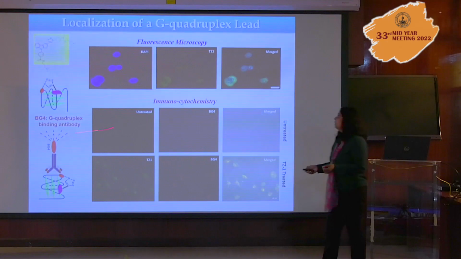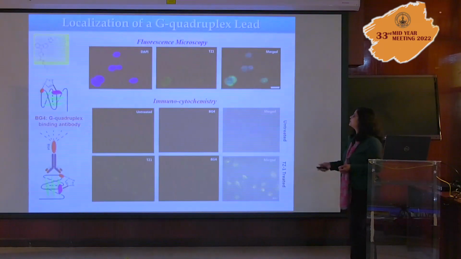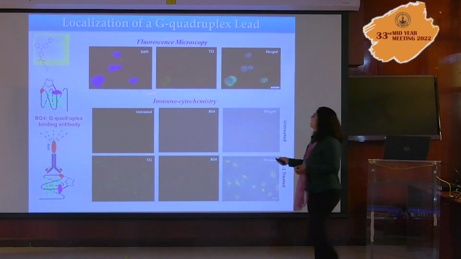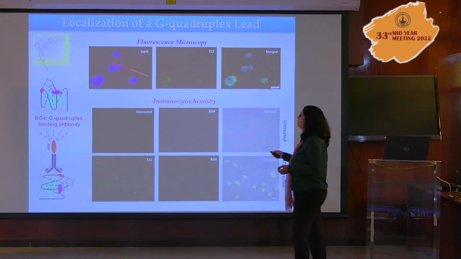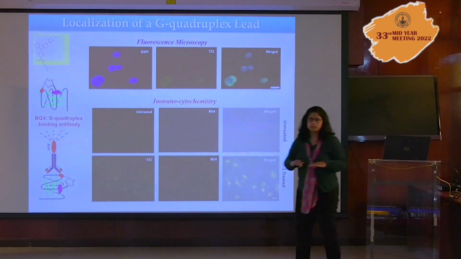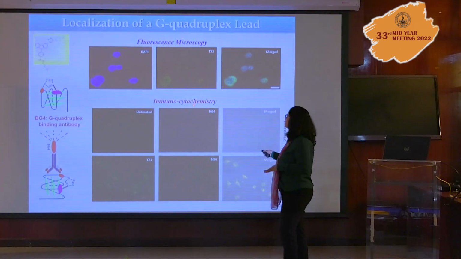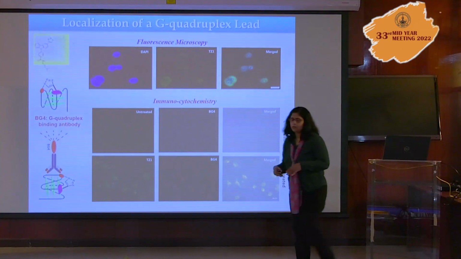Next, we took all these 4 compounds to the cellular system. I would like to give one example of a ligand obtained with the c-MYC quadruplex. Fluorescence microscopy revealed that this ligand is cell membrane permeable and mostly localizes in the cellular nucleus. We also carried out immunocytochemistry using the BG4 antibody.